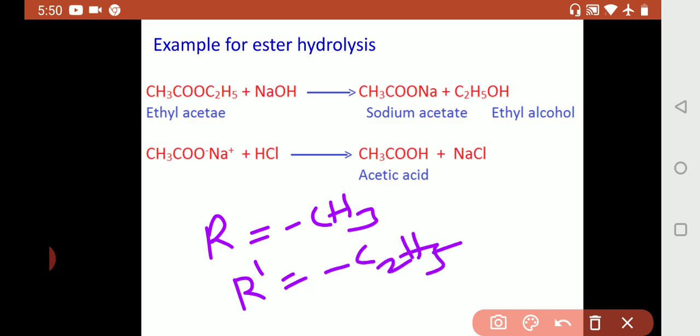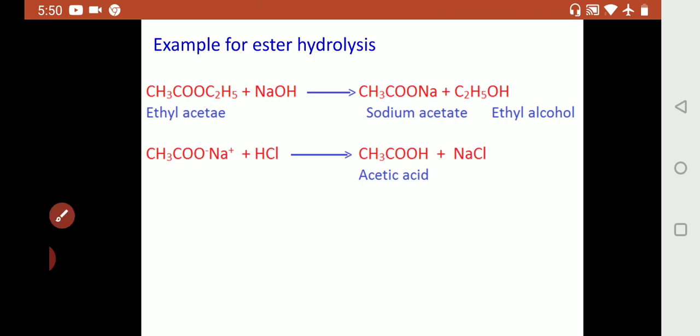Then what will it be? CH3COOC2H5, RCOOR'. So the name of this R' is written before. C2H5 is ethyl, no? Ethyl acetate. It is called ethyl acetate.